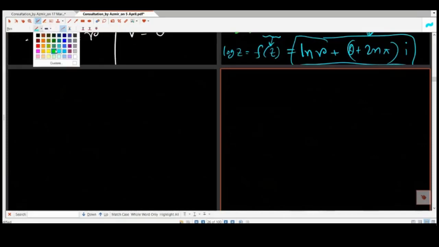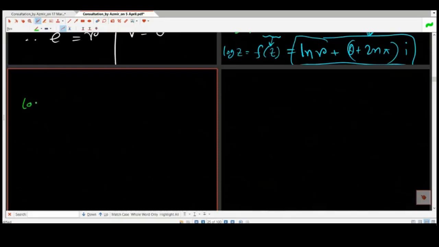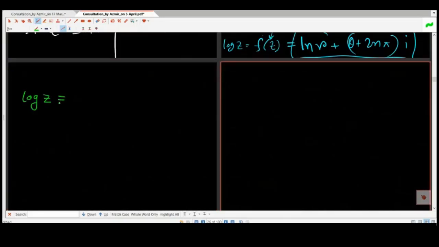So we can define complex logarithm in this way, that is, log z equals natural log of r plus theta plus 2n pi i.